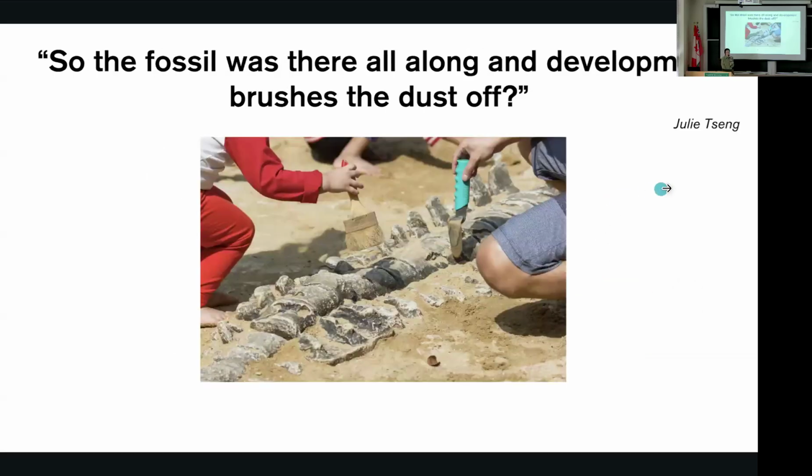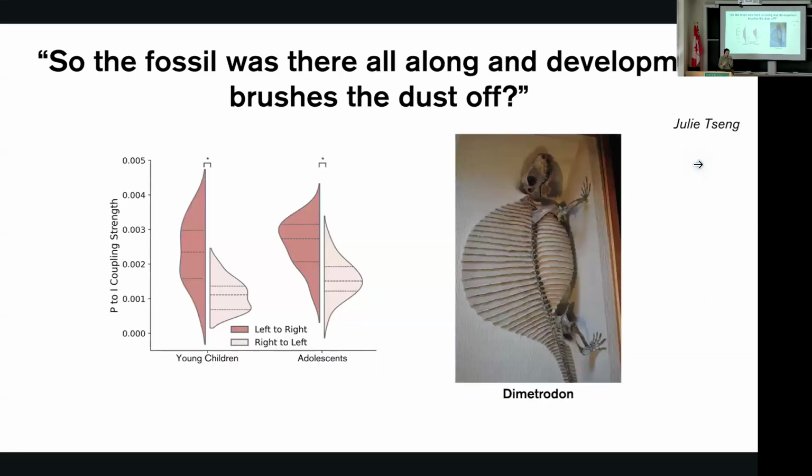And so what does this all mean? I tried for a long time to come up with an analogy for these findings, until one day my mentor said, oh, so the fossil was there all along and development is just brushing it off. He said it so elegantly. And yes, it actually also looked like it was there all along. We just didn't see it. The fossil here is that interhemispheric inhibition, specifically greater left to right, is present early on in childhood.